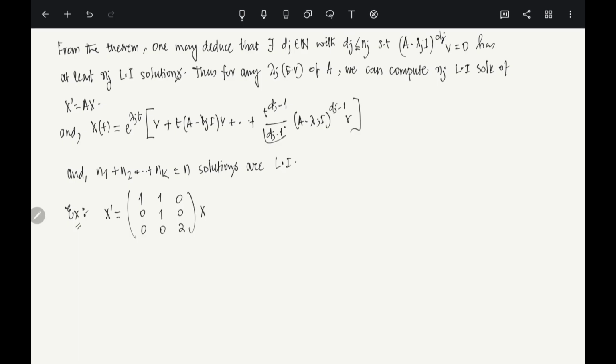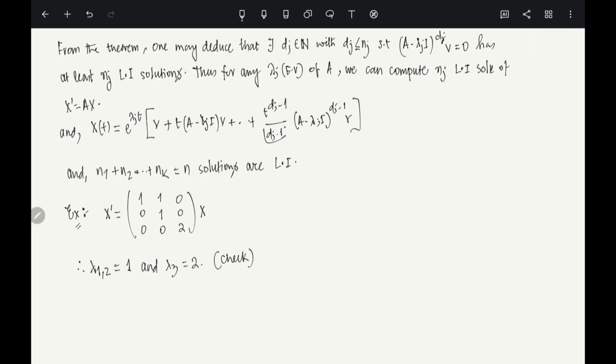If you solve the characteristic polynomial, the roots, the eigenvalues which you are going to get, are lambda 1 and 2, repeated eigenvalues equal to 1, and lambda 3 equal to 2. You can check this part, so please go on and check this.